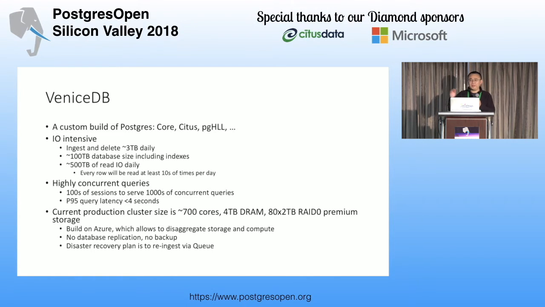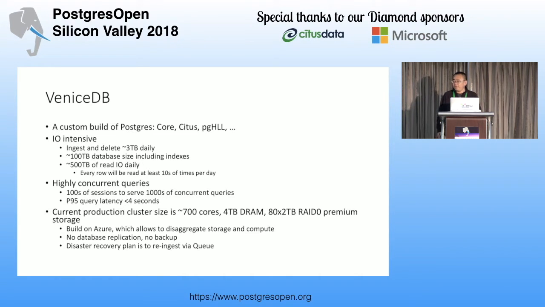That's why, on the slide, I can say, hey, I need 700 cores, 4 terabytes of RAM, and 160 terabytes of disk, right? These disks are called Azure Premium disks, or sometimes I call it managed SSD. So it actually allows me to effectively build a modern mainframe-like database cluster.